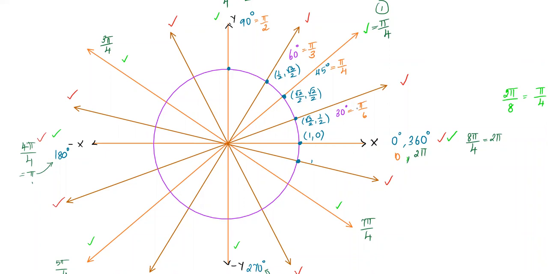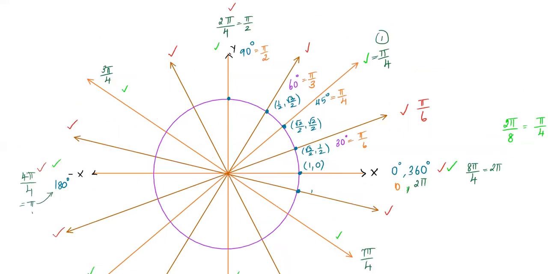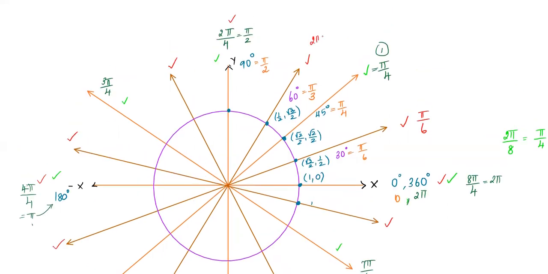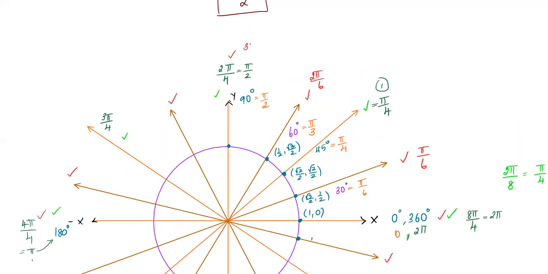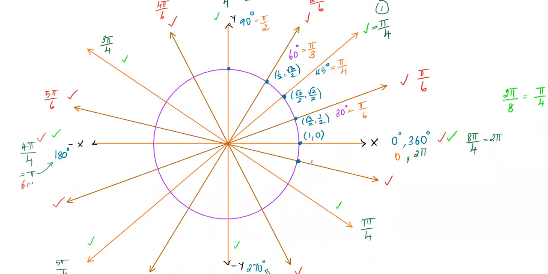All right, so this is pi over 6 is your first mark, right? You see this, pi over 6, 30-degree mark. The next mark would be 2 pi over 6. This third one is your 90-degree mark. That would be 3 pi over 6, 4 pi over 6. Skip this. Go to every red mark that you have. 5 pi over 6, 6 pi over 6, 7 pi over 6.